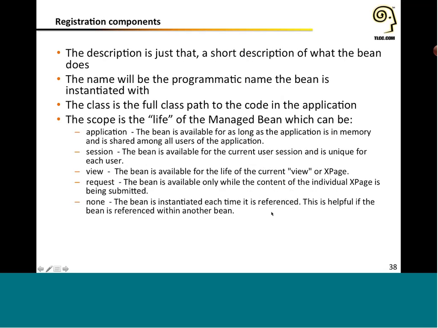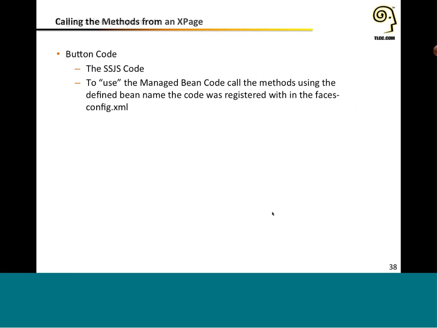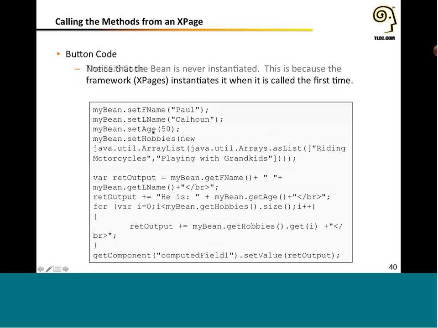It instantiates each time it's referenced, and so therefore it acts more like just a plain old Java object. And again, that's, as it said, good if it's referenced by another bean. So this time, instead of instantiating the SSJS code that we're going to use to call the managed bean, notice that I'm not doing any import, and that's because the environment already knows about it.